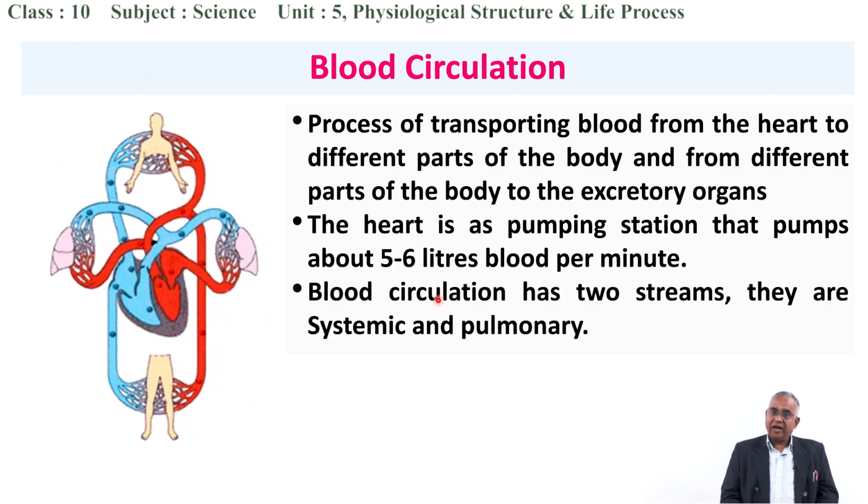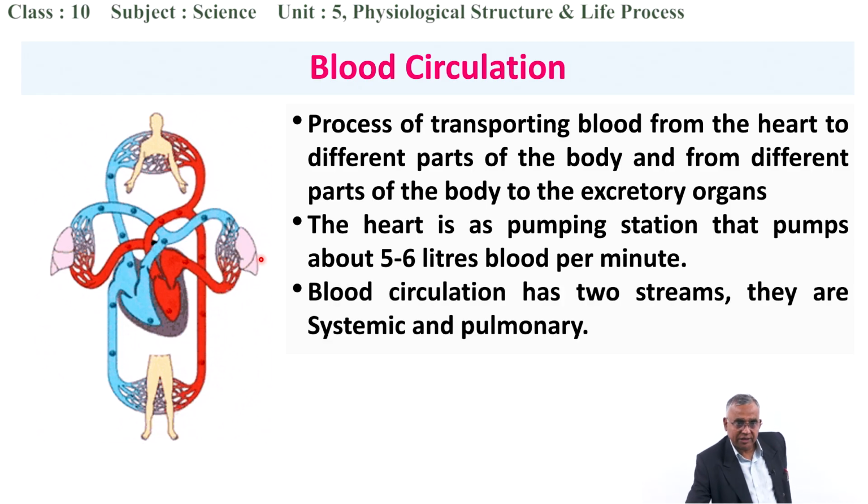Blood circulation has two streams. So here in this diagram also you will find one stream. Look, blood is passing out from here, that red region, to different parts of the body. That is the upper part of the body, that is the lower part of the body. They are separated here for your better understanding. And then the blood is coming back into the heart. It is one stream.